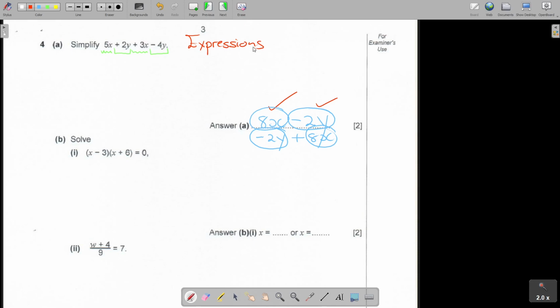As soon as we put the equal sign, it's still algebra, but then it's going to be equations, and that is in chapter 4. That was chapter 3. Okay, in the y equals mx plus c textbook, grade 10 and 11.